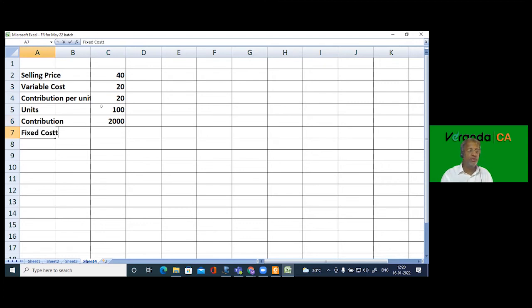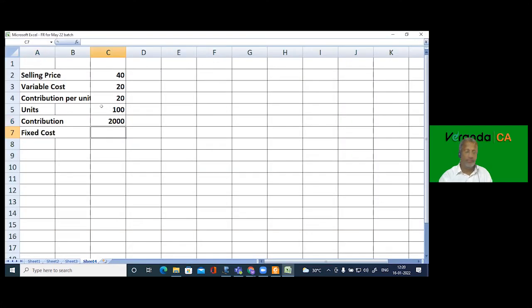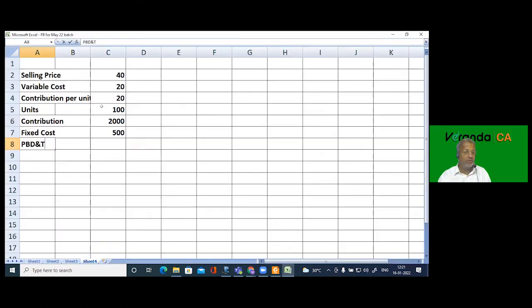Fixed cost is 500 crores. Profit before depreciation and taxation, 200. Profit before taxation.